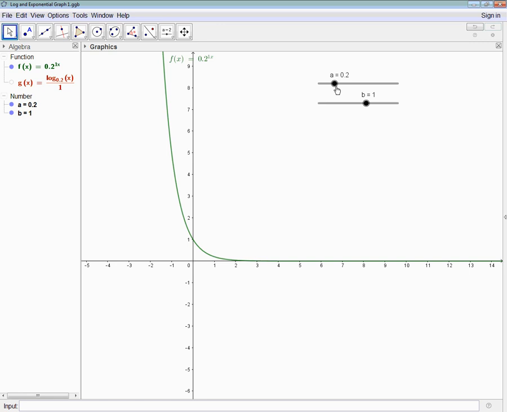Okay? So something smaller than 1 decreases, greater than 1 increases. And we saw this when we were dealing with sequences and series. If the geometric sequence converges, that means it's getting smaller and smaller at each step. Okay? If it diverged, it was because it was getting bigger and bigger and went off to infinity eventually.